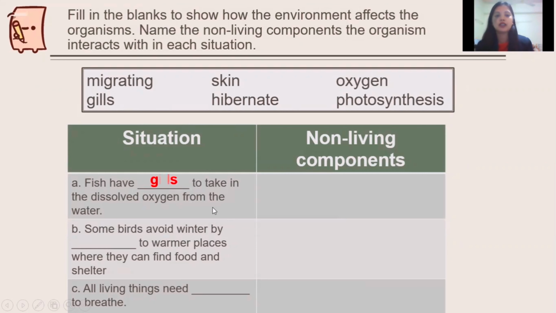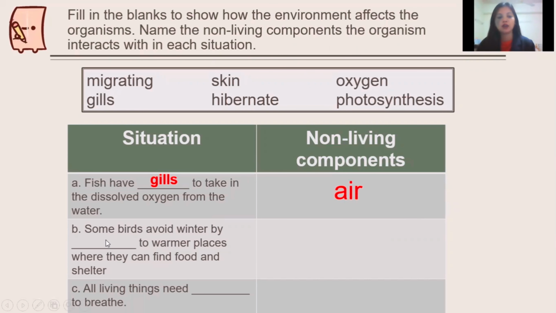If your answer is gills, then you're correct. Wow! So, what do you think is the non-living thing component that the organism, which is the fish, interacts with? It is the air. Very good.